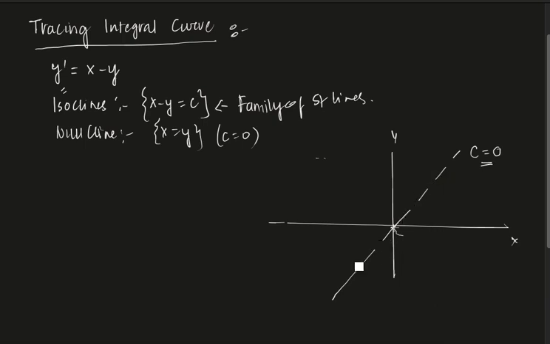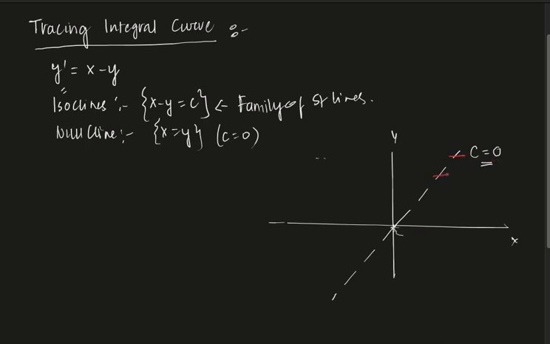These are small line elements. Once you draw the line element, you draw the slope, and for that I am using a different color. So on this line element x equals y, the slope of the integral curves must be 0.